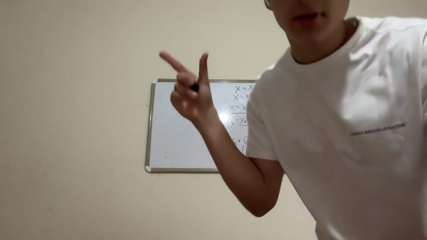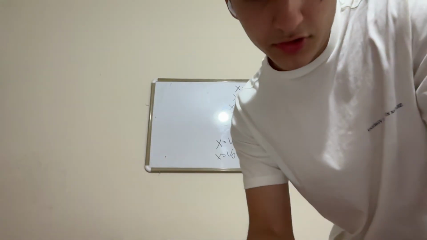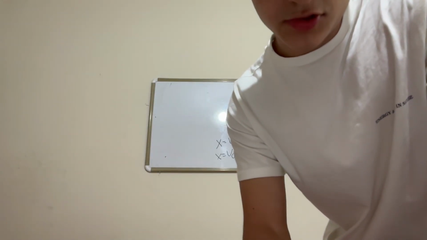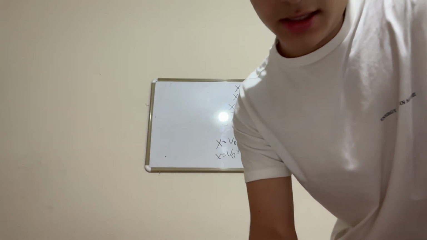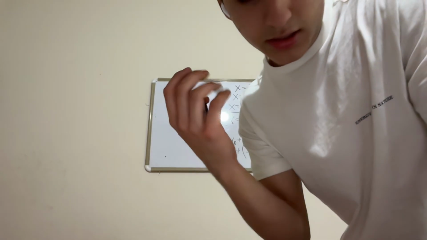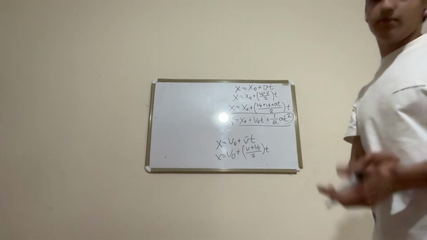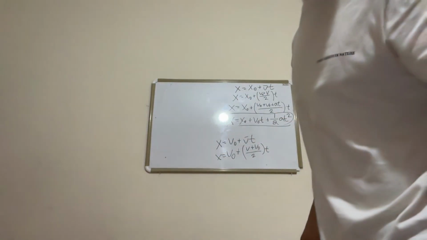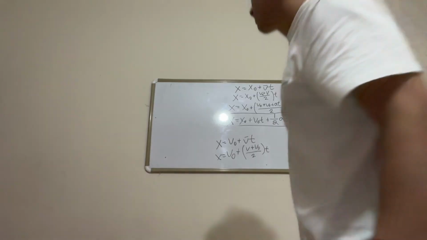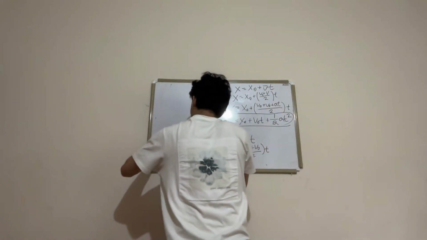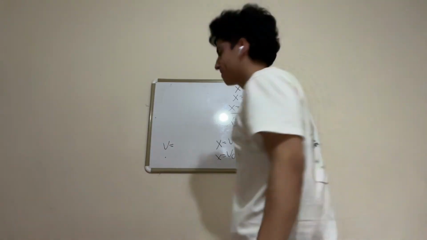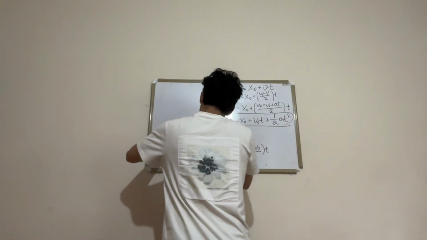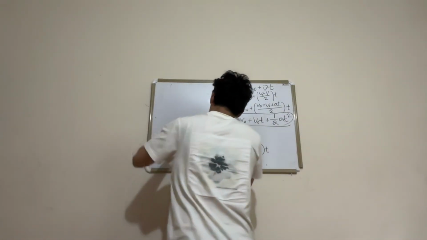Okay. Now, next, what we need to do is solve for time in the equation that we had of the final velocity. The equation that we had of the final velocity was final velocity equals the initial velocity plus constant acceleration times time.